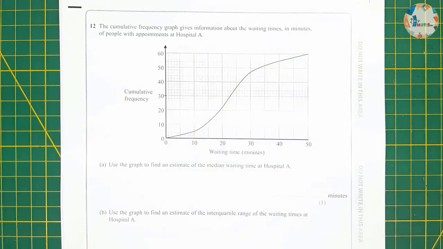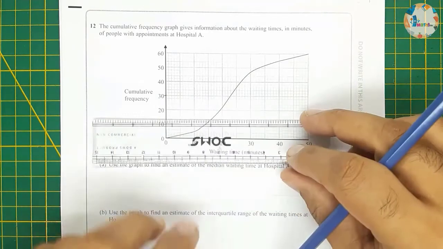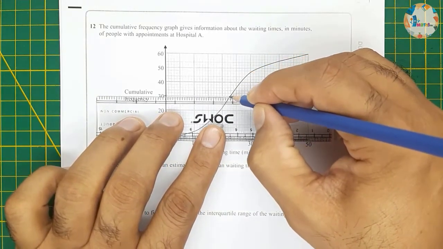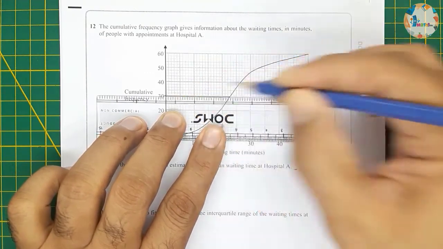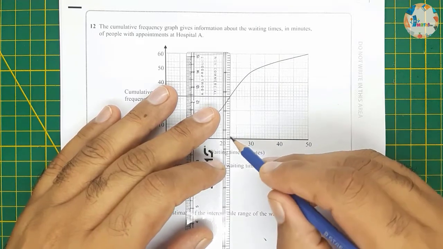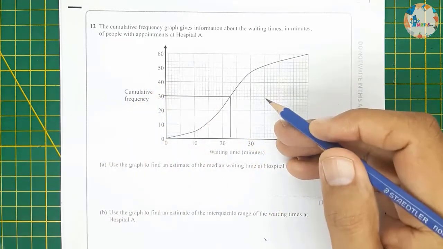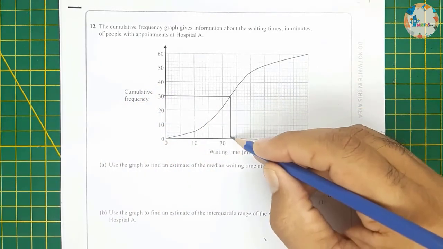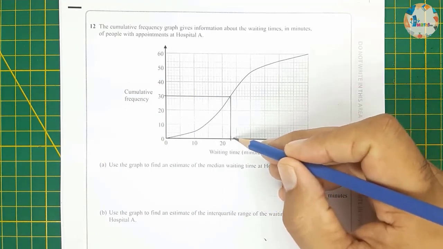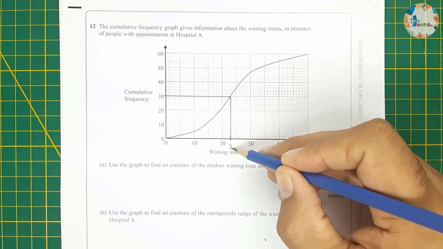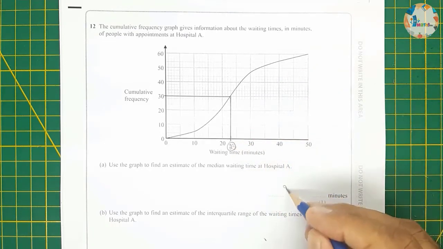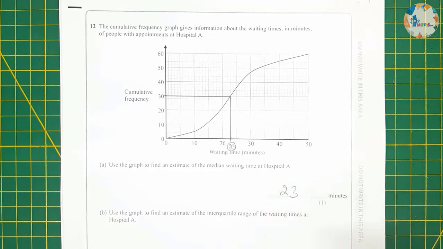So we'll take the reference from 30, and this is how we calculate the median in the case of a cumulative frequency curve. So our median value will be over here. This is basically 25, this is 24, and this will be 23. So the median value is 23 minutes.